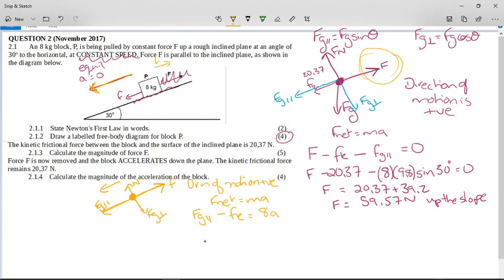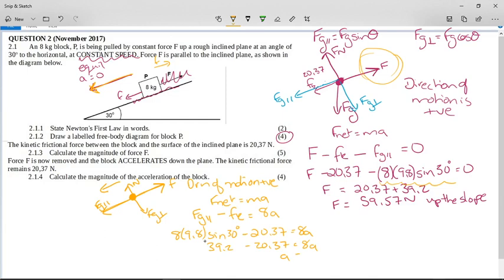So we can just take this FG parallel from over here. It's 8 times 9.8 times sine 30 minus 20,37, which they said stays the same, gives you 8a. Remember this value we found was 39,2. So now it's 39,2 minus 20,37 equals 8a.